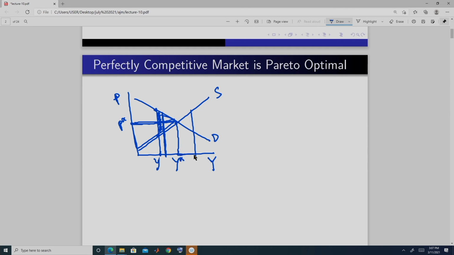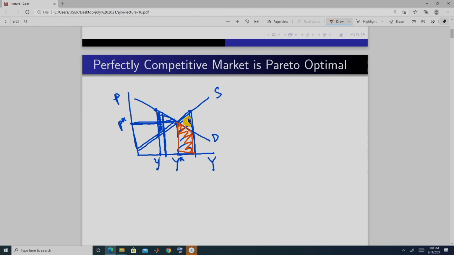Similarly, instead of this, if we are producing here, then the amount of additional cost is this, and the amount the people are willing to pay is only this portion. So this yellow portion is the additional cost, which cannot be borne by the seller, because the buyers are only willing to pay this much amount and the seller wants this whole amount.